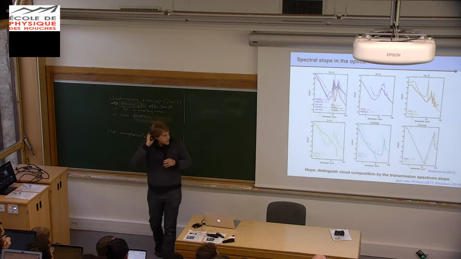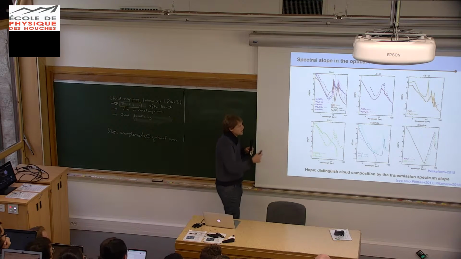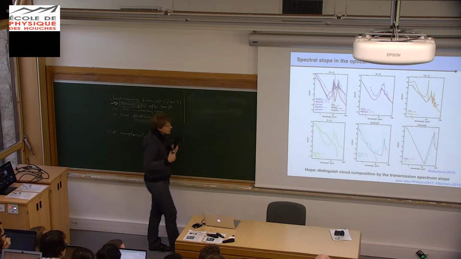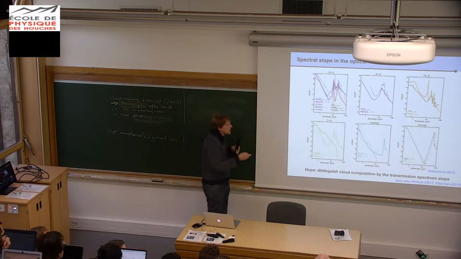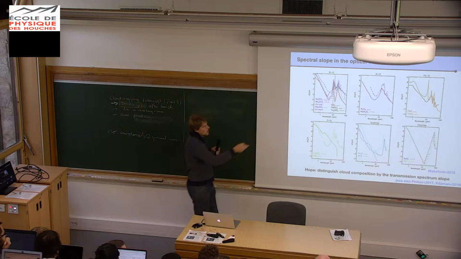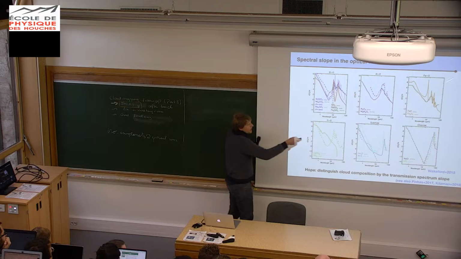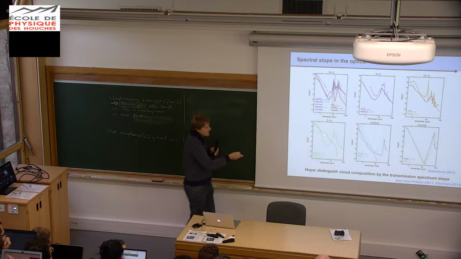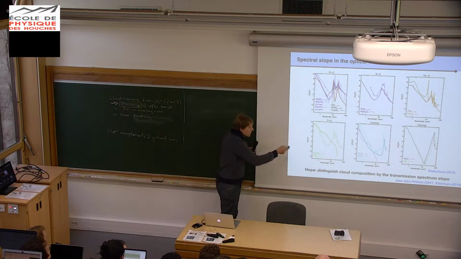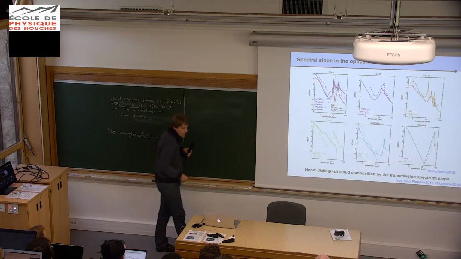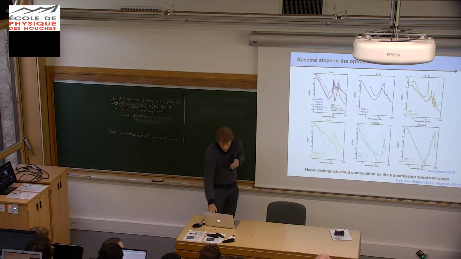And there was some hope, because that's work by Anna Wakeford, depending on basically how the grains, the molecules that compose the grain, they have bonds, so if they have SiO bonds or other bonds, they're going to have different spectral features in the infrared, but also slopes here that are a bit different in the optical, because some clouds might have some absorption in the optical. So there was some hope that we could use the slopes to actually say something about the cloud composition.